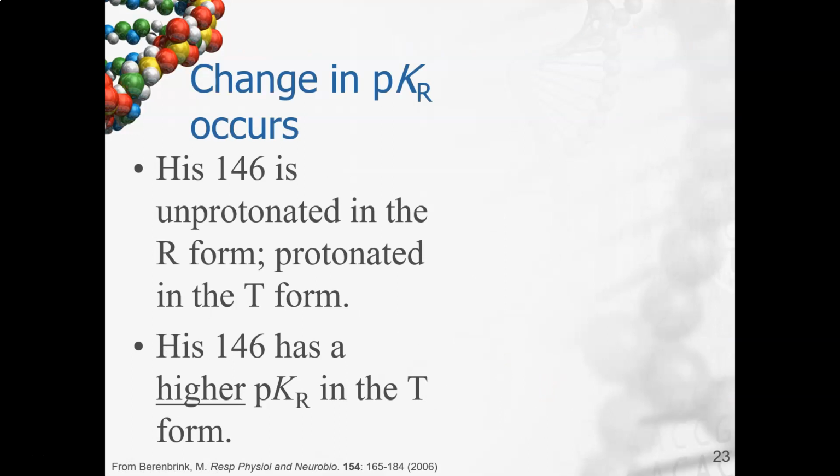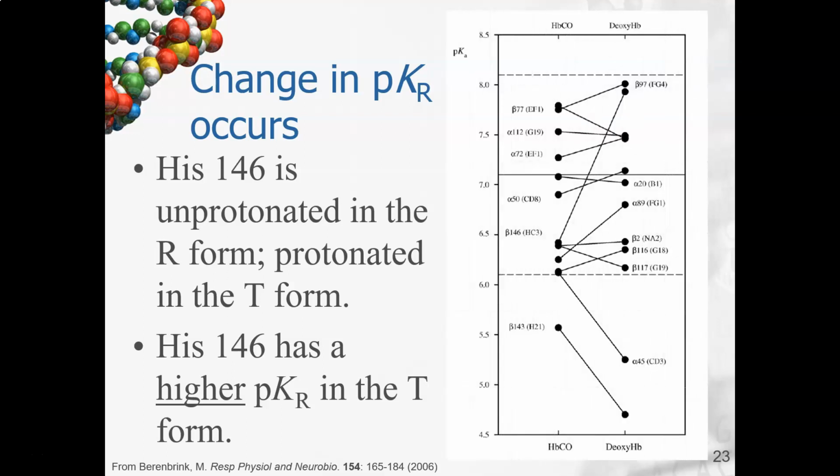If histidine 146 is unprotonated in the R form and protonated in the T form, there must have been a pKa change. And in fact, we can look at this graph right here, and we can see if we look at that histidine at beta 146, its pKa is about 6.5.